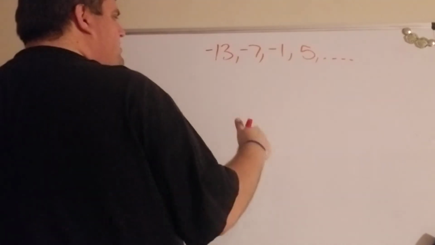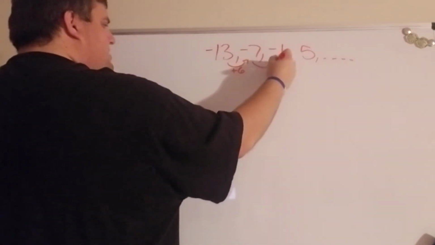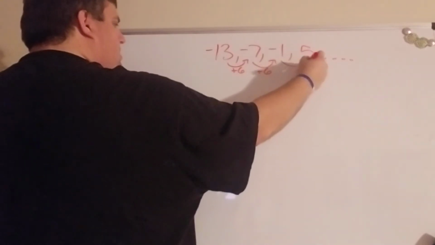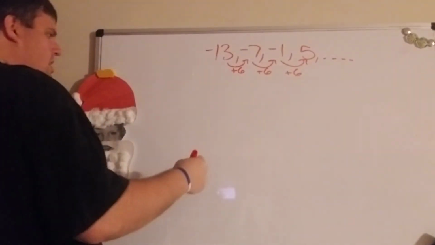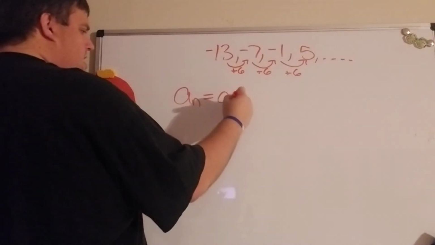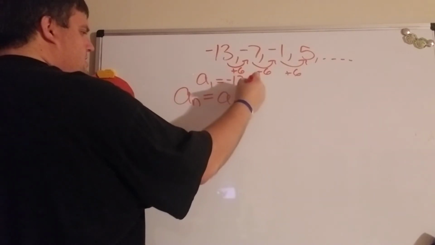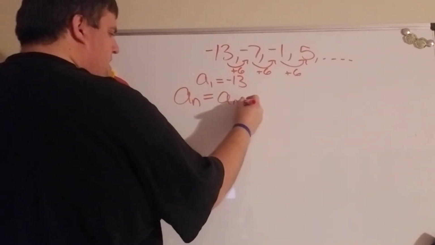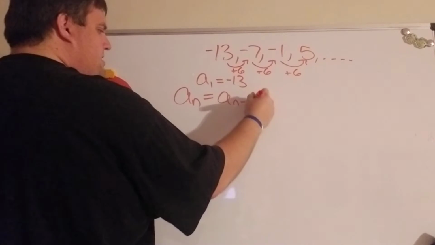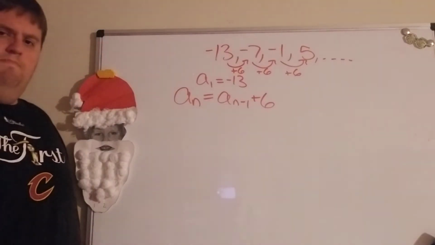Our common difference looks like we are adding this time, and in particular adding 6. So let's see, a sub n equals a sub n. Oh, we need a sub 1 first, negative 13. And then a sub n minus 1 plus 6 would go here, because we're adding 6 each time.